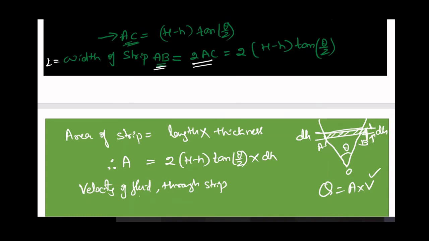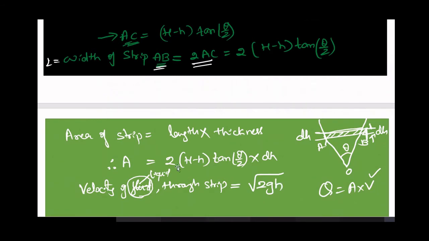Generally for notches, we will not use the word fluid, we use only liquids. Keep in mind, notches are used only for liquids. Okay, velocity of liquid through strip. It may be water, oil, kerosene, any other liquid you can take. It is equal to square root of 2gh.